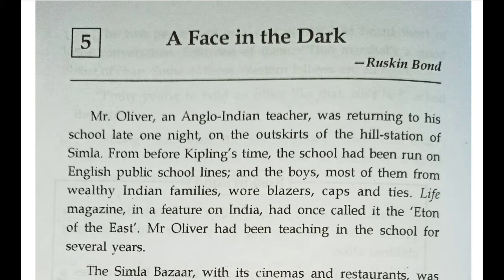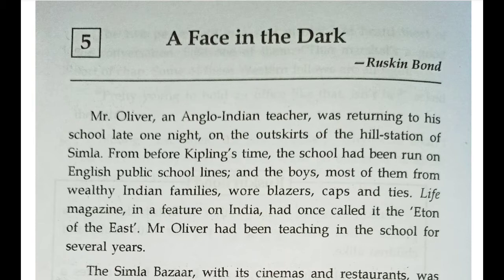So this school would have all the norms, rules and regulations, and all the features of any school in Britain. So the same norms, rules and regulations were followed in this particular school, where Mr. Oliver worked as a teacher.